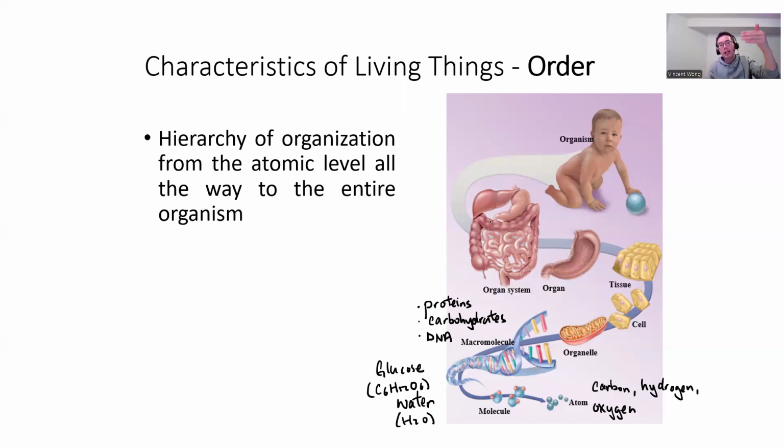If we go up another level, then we have organelles, which are tiny structures within a cell that have a specific function. And then we get the cell, and different cell types come together to form the tissue. I told you about connective tissue, for example. And different tissues can come together to form organs, an organ system, and finally you get the organism.